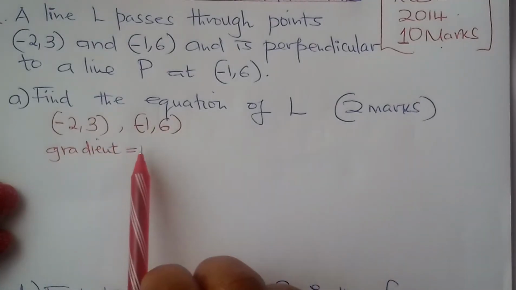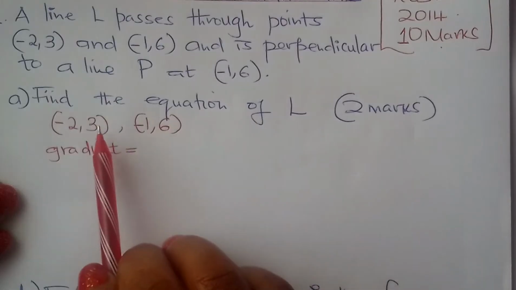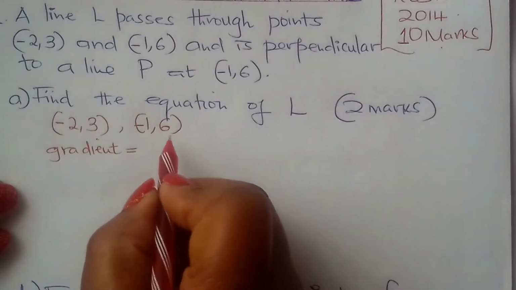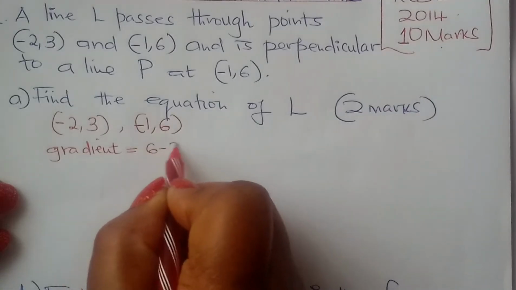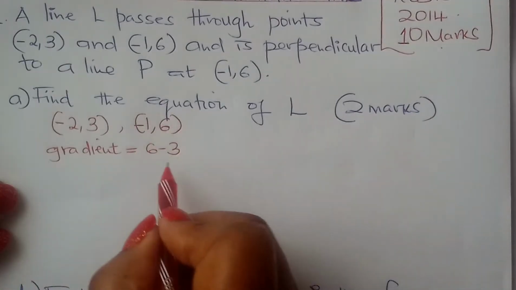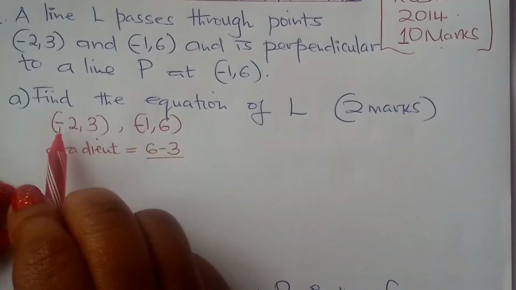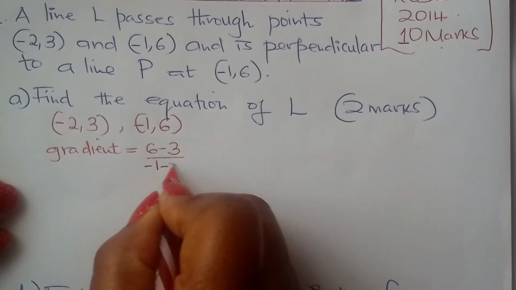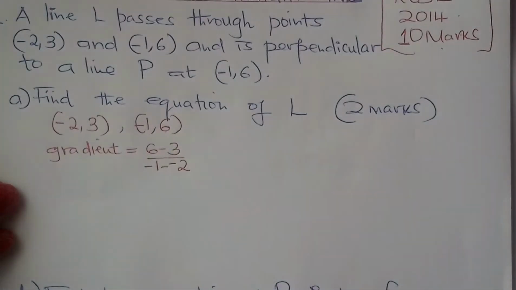We know that the gradient of a line is got by change in y over change in x. So we write 6 minus 3 divided by -1 minus -2. From there, this equals 6 minus 3, which is 3, divided by -1 minus -2.